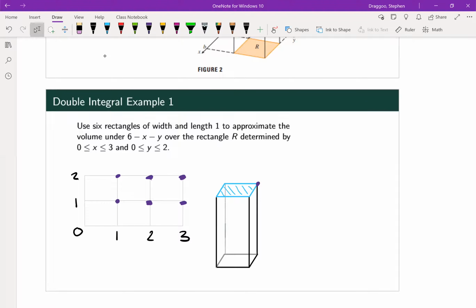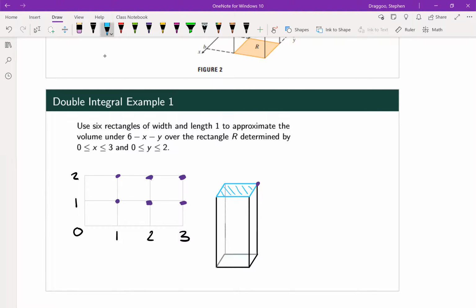So I sketched out just the region that we would use, between 0 and 2 on the y-axis and 0 and 3 on the x-axis. And that ends up giving us 6 rectangles, or in this case 6 squares, that we're going to want to use to approximate the volume of this overall shape.